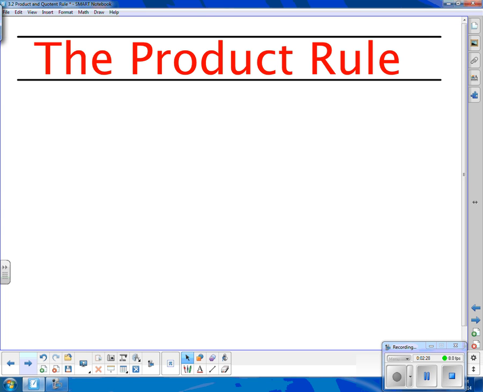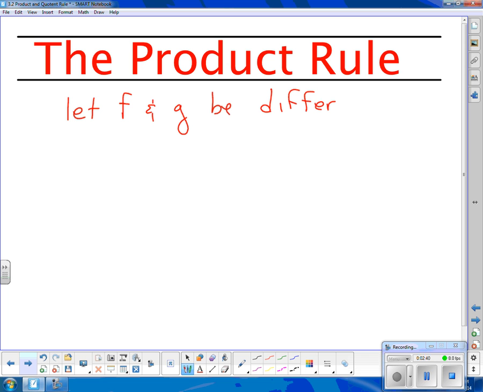So the first thing we're going to talk about is the product rule. We're going to let f and g be differentiable functions. And we need them to be differentiable functions so that we can take their derivative.